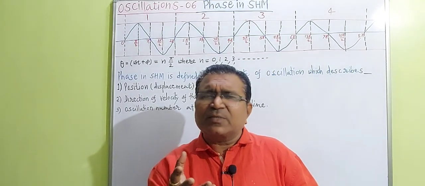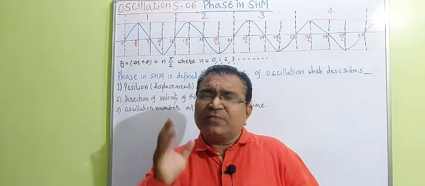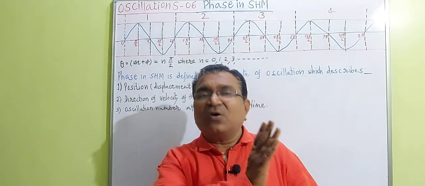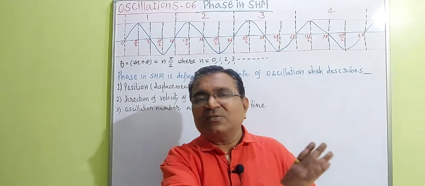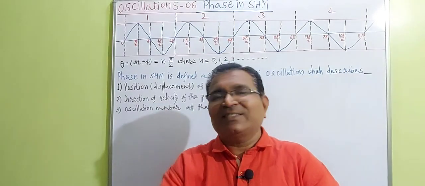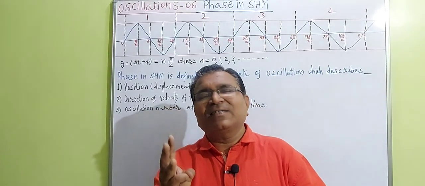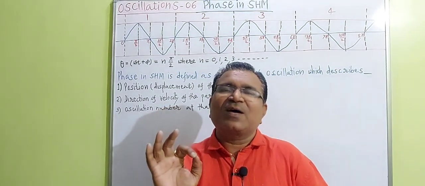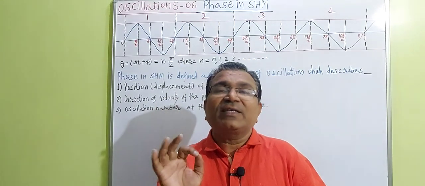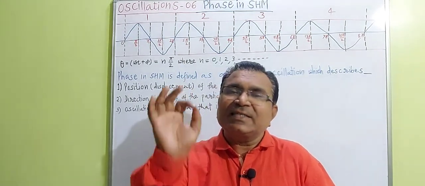What is the oscillation number? Whether the particle is in the first oscillation, the second oscillation, the third oscillation or the fourth oscillation. These three factors are suggested by the physical quantity we call phase in SHM.